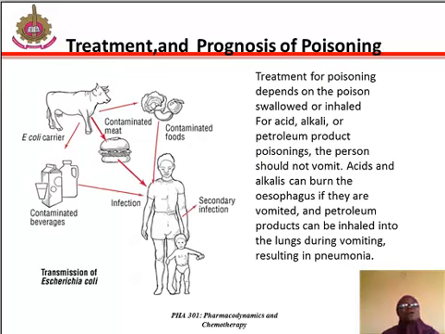Treatment and prognosis of poisoning. Treatment for poisoning depends on the poison swallowed or inhaled. For acid, alkali, or petroleum product poisonings, the person should not vomit. Acid and alkali can burn the esophagus if they are vomited. The petroleum products can be inhaled into the lungs during vomiting, resulting in pneumonia.